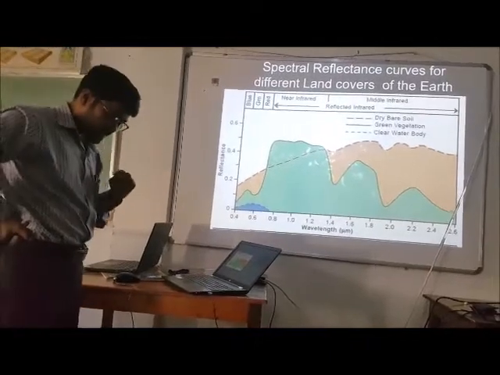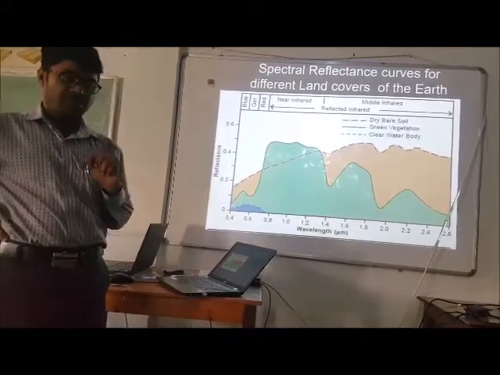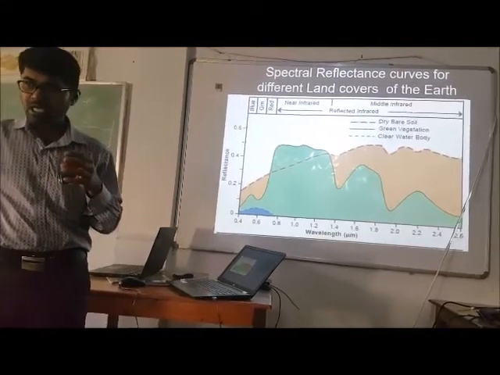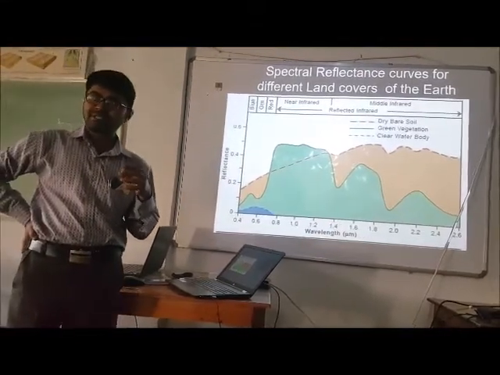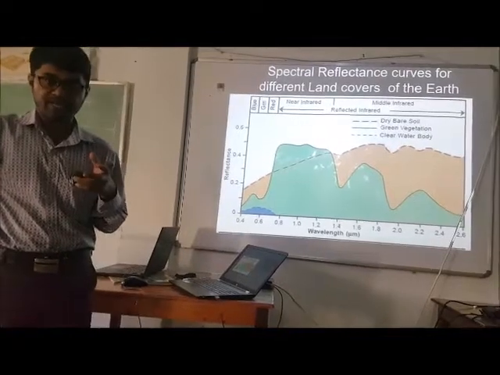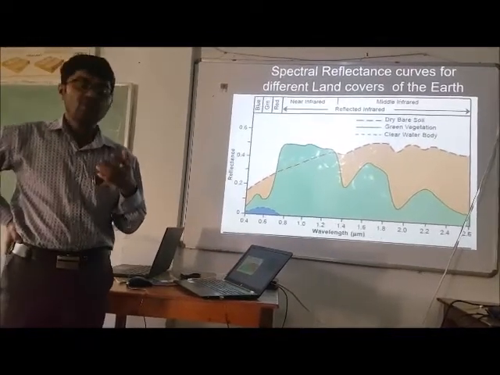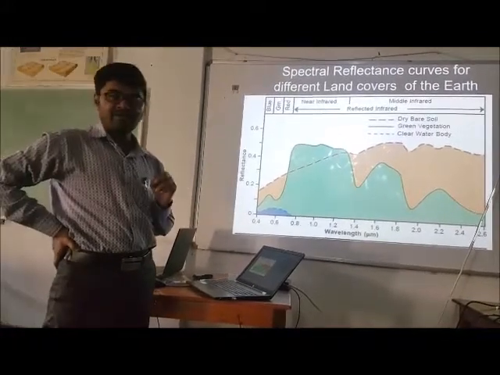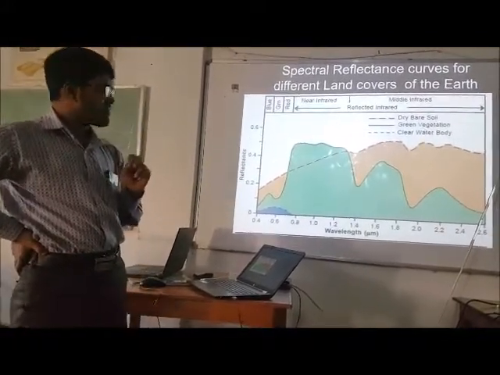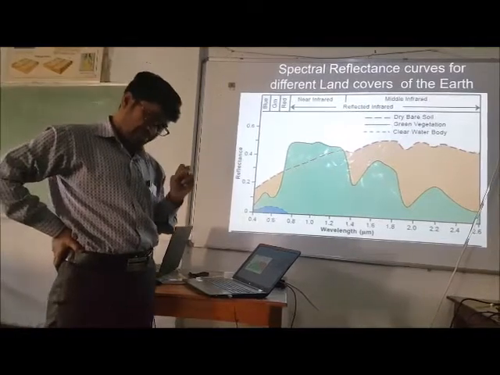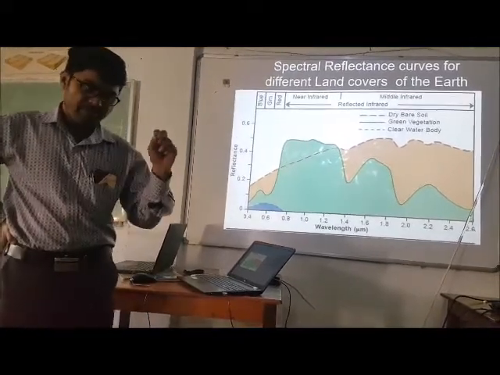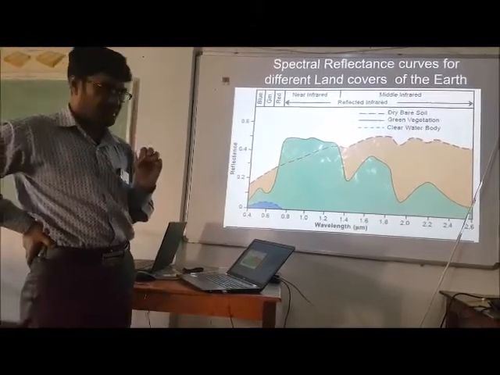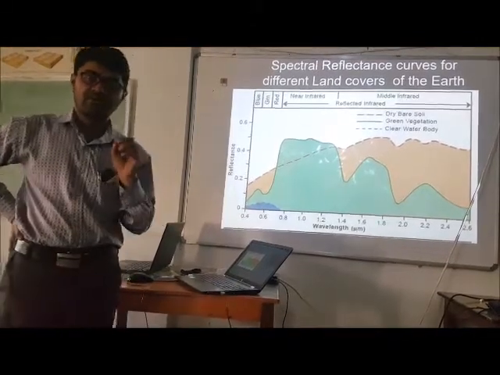If we want to delineate only wasteland or fallow land, which is agricultural fallow, then we can use only the middle infrared band, because in that band image, soil or bare soil appears as bright white color.